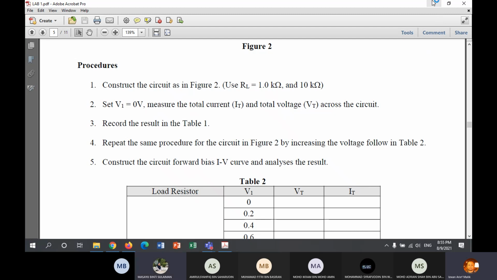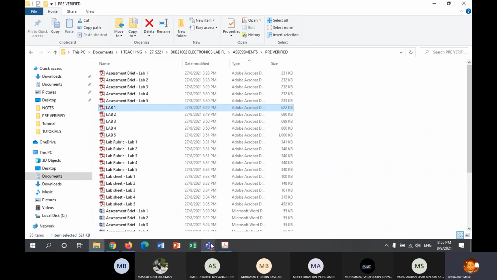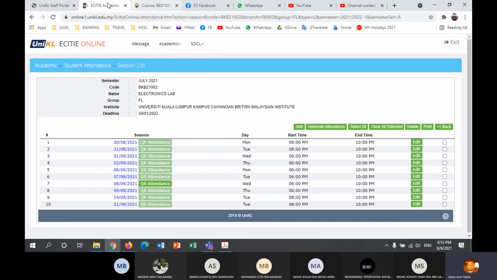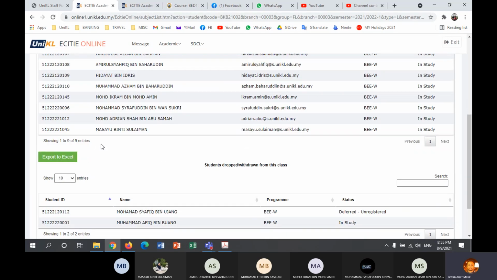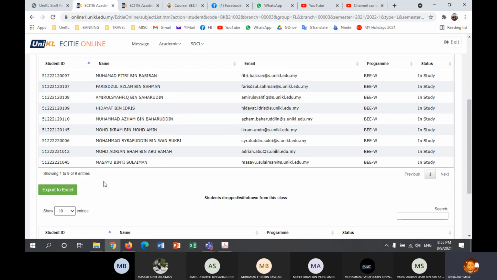Okay, so I'm planning that this assessment to be done in groups lah. Cuma itulah saya check dulu ada berapa orang. Sekarang ada pula yang tak ada partner. Saya rasa ada 9 orang ni. Okay, ada 9 students. So kalau nak buat 3 nanti macam apa pula. Saya ingat tak apalah, buat 2. So look for your partners lah.